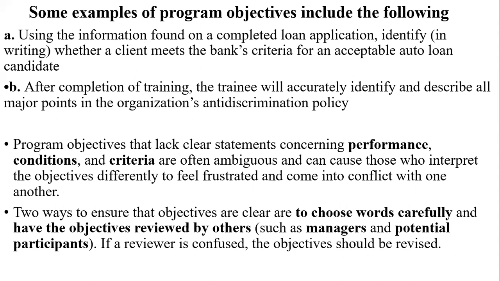when people are put in a position to evaluate trainees on the basis of the objective, they will find themselves in higher difficulty. So two ways to ensure that objectives are clear are to choose your words carefully and have the objectives reviewed by others.